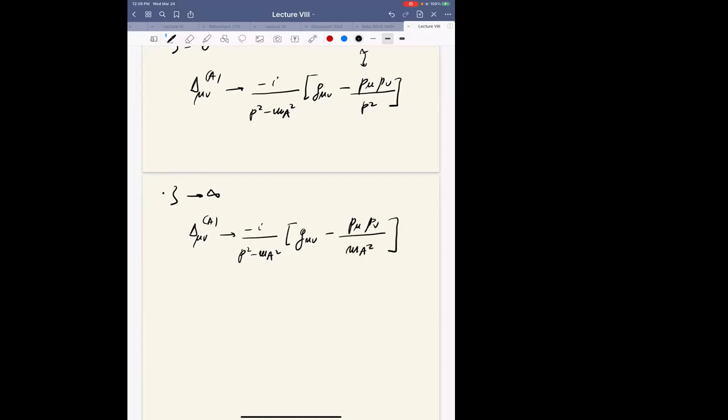What does it remind you of? This is the Proca propagator, which we called the unitary gauge. In the unitary gauge, this is what we got. So in other words, if you want to do the calculations, you don't work with this propagator because it's a bad propagator.